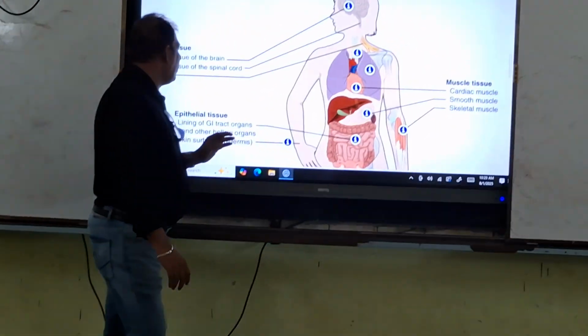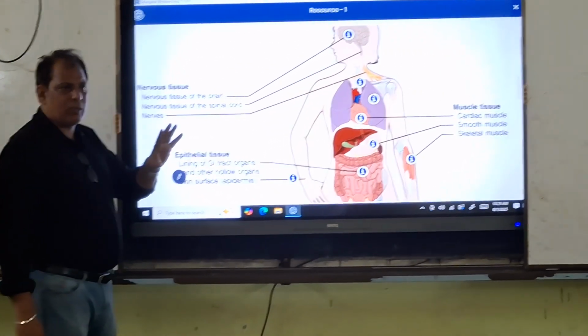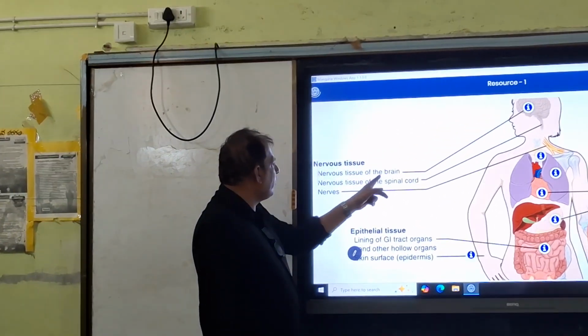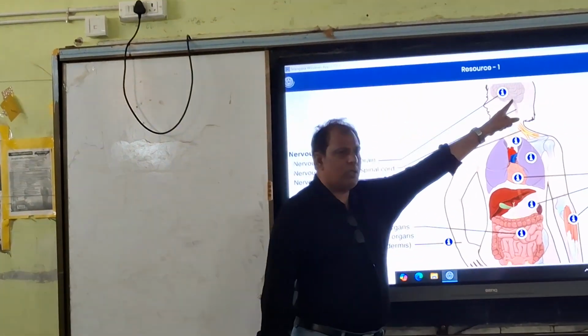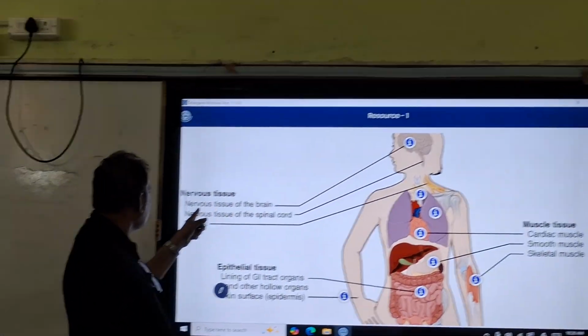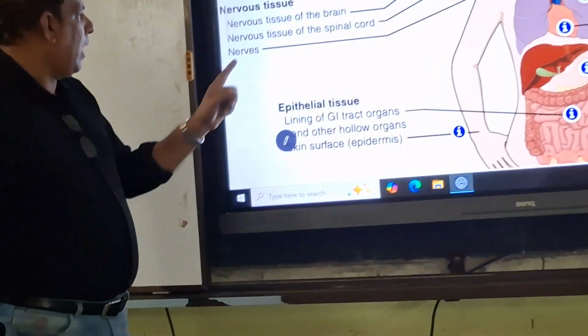Now let us first of all focus on the nervous tissue location. So, nervous tissue of the brain. This is a brain, in which you observe this particular nervous tissue. Now nervous tissue of the spinal cord.